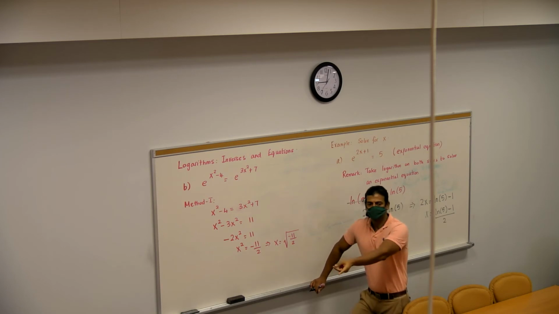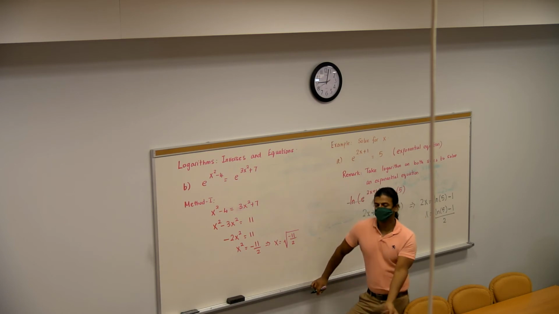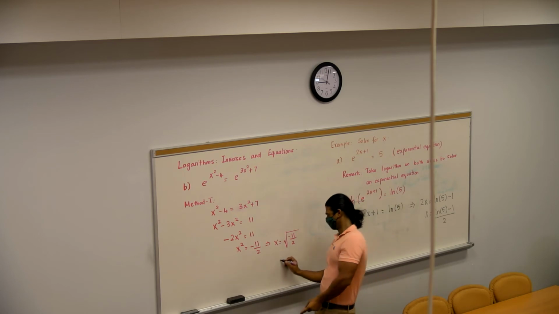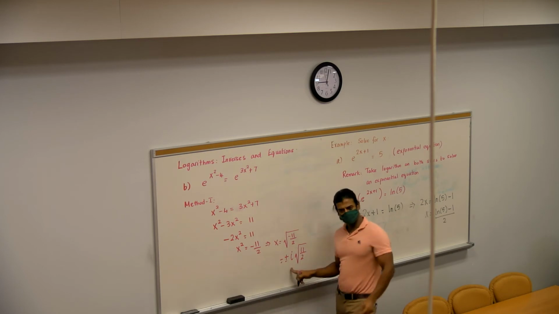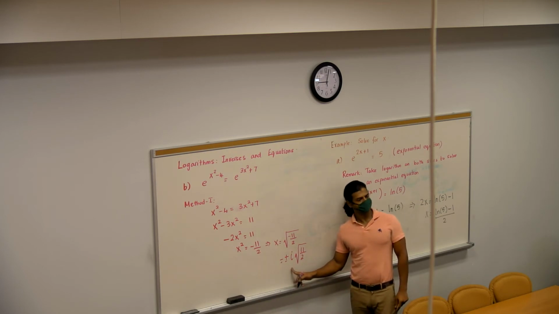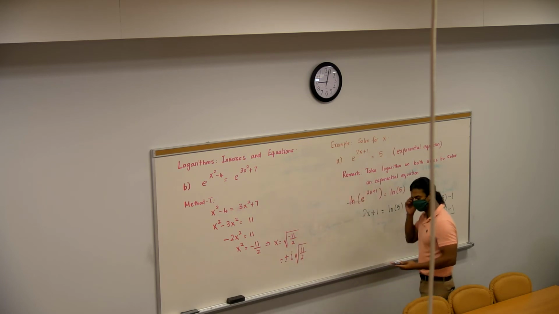Can you take the square root of a negative number? No. But what is the square root of negative 1 in general? Think of an iPhone. Have we seen this before? A complex number. So the solution here is complex.